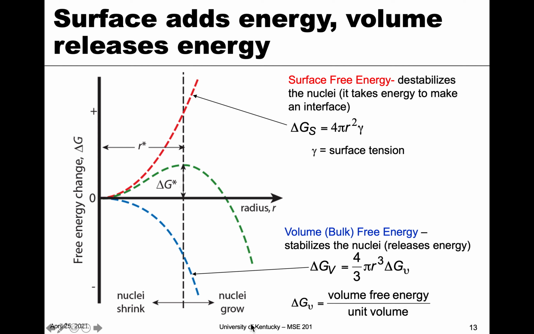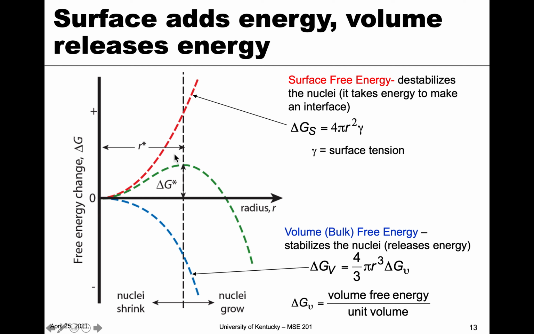This is related to the radius cubed because of volume, right? So this is basically a volume term multiplied by the free energy per volume. In this case, the term becomes more and more negative as the radius increases. But as we know, this is r cubed and this is r squared, so this is going to do this more rapidly than the surface term.